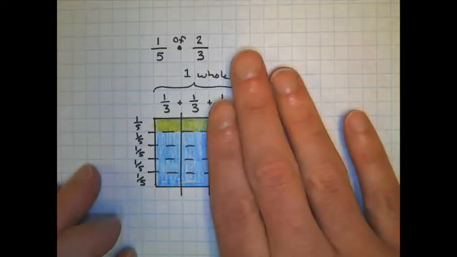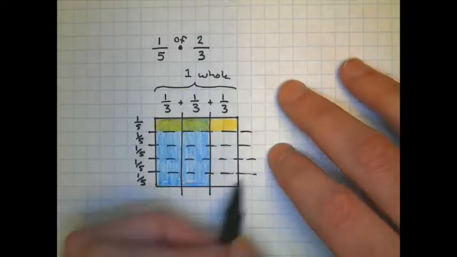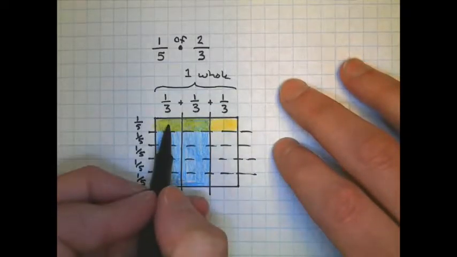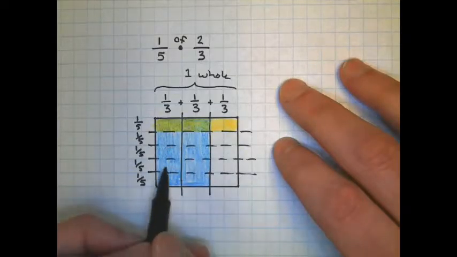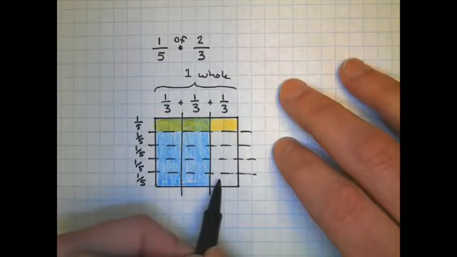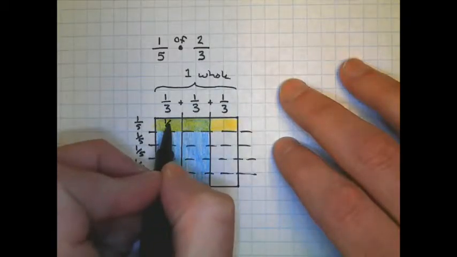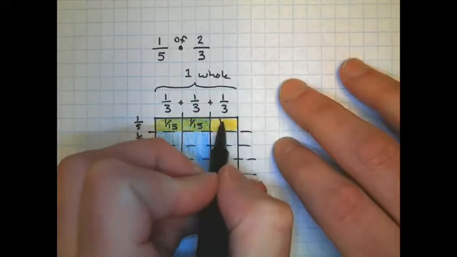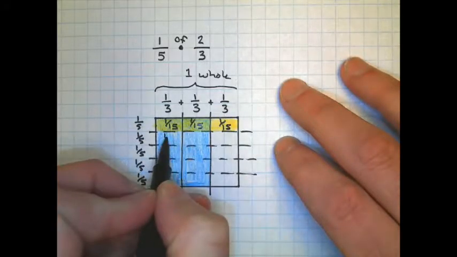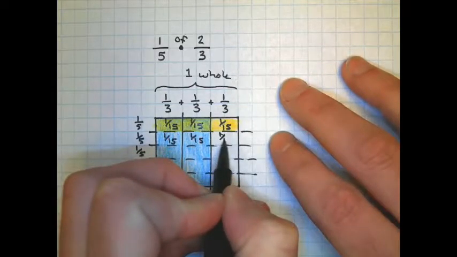I see that now my entire whole has been broken up into 1, 2, 3, 4, 5, 6, 7, 8, 9, 10, 11, 12, 13, 14, 15 pieces. That means that each one of these is 1/15. I could write 1/15 in all of those boxes because each one is a 15th.